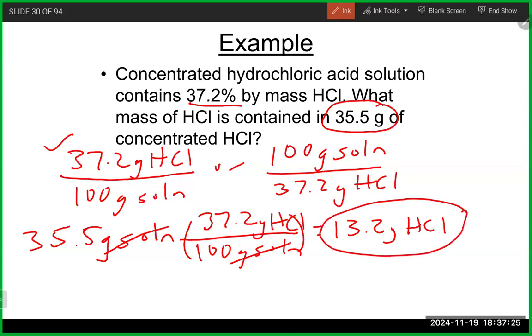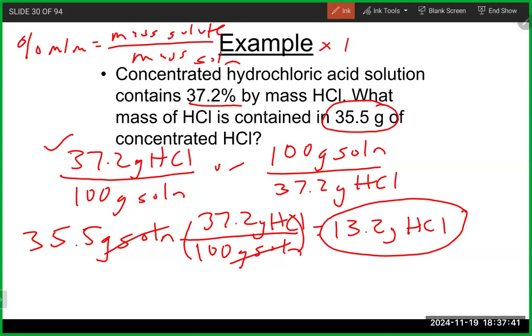Obviously, that is the same answer you would get if you just went into the equation for this and solved for the mass of the solute, over here times 100%. So again, if you just went into the equation, it's basically the same calculation.